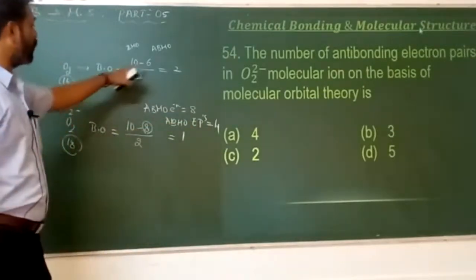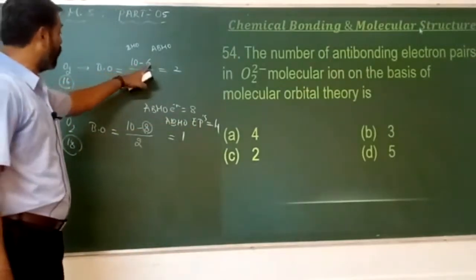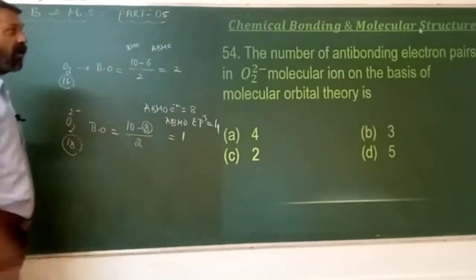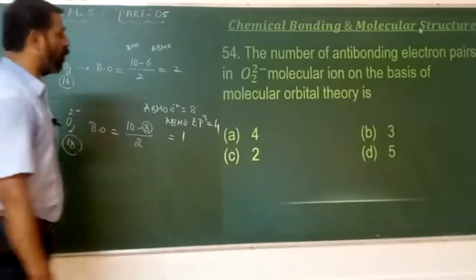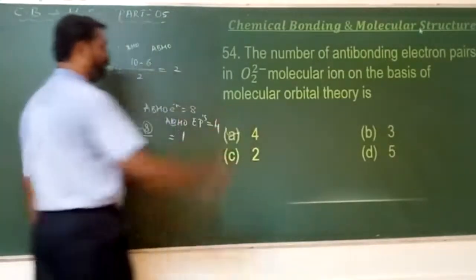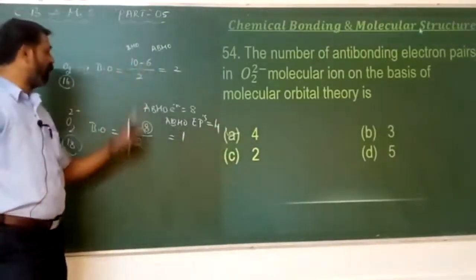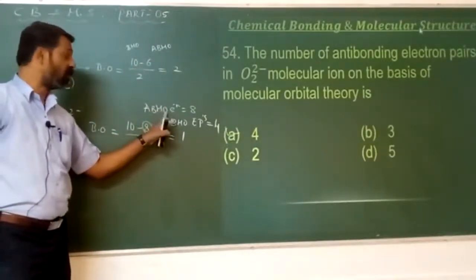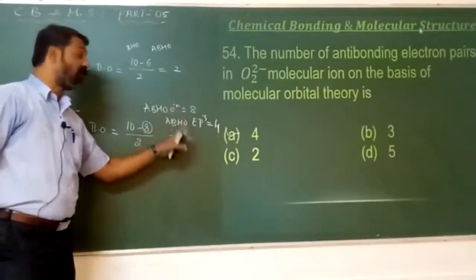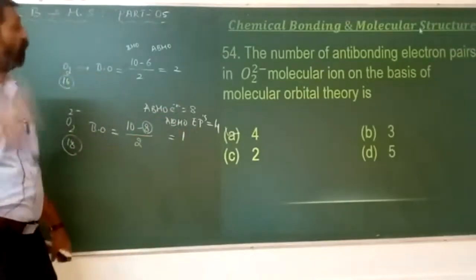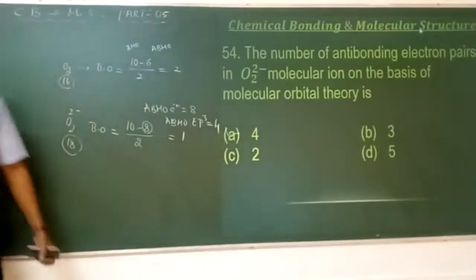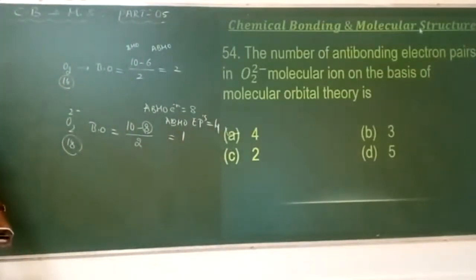In the case of O2 2 minus, the number of antibonding electron pairs is 4, because instead of (10 minus 6) by 2, it becomes (10 minus 8) by 2. The 8 refers to electrons in ABMO, which means 4 electron pairs in ABMO. Therefore, the correct option is only A.